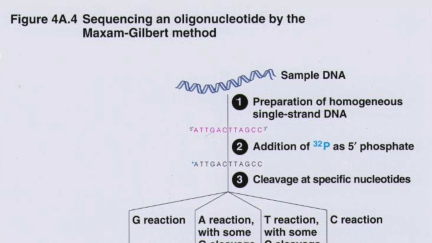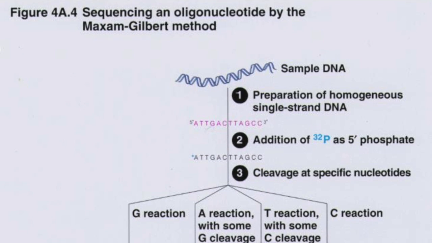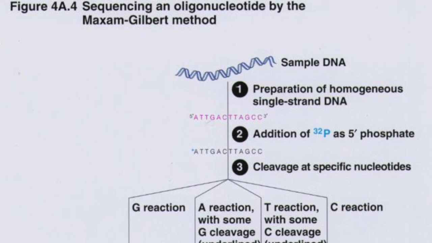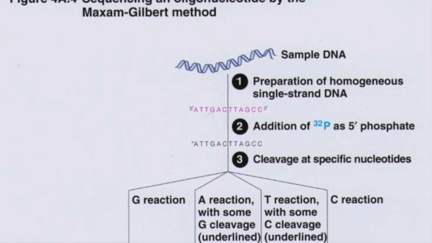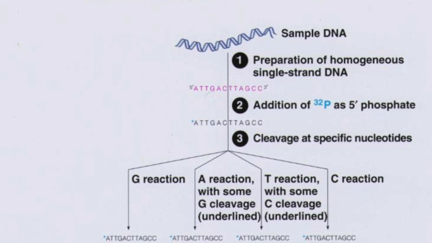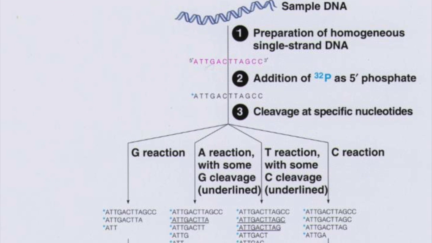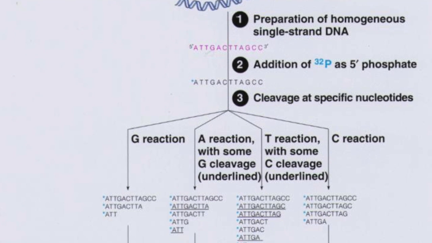The general steps for these methods are, first of all, you have to have a single-strand or double-strand DNA sample. Then you have to separate the homogeneous single-strand DNA and label the 5' end with radioactive phosphate-32. The second step is the modification of the base.